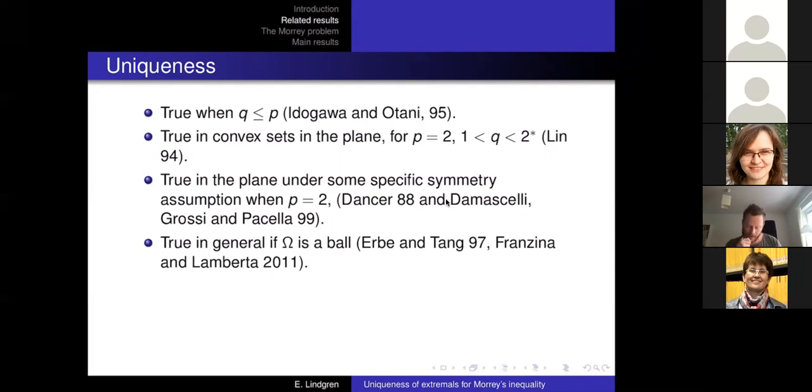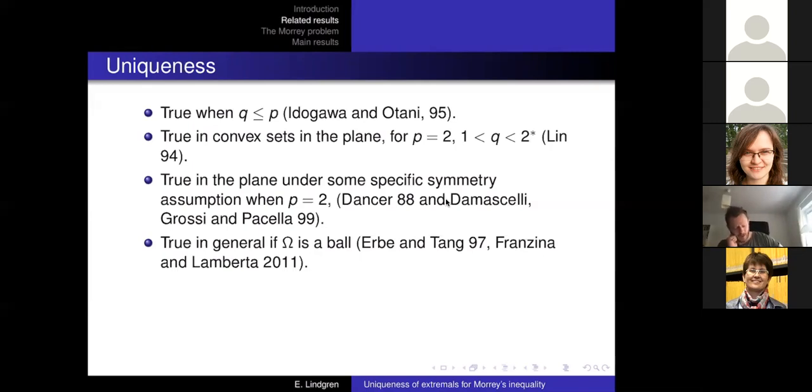And in general, if you have p equal to 2, and for all the q's you can think of, except for the critical one, you also have uniqueness in convex sets in the plane, which is an interesting article by Lin from '94, which does a linearization argument to prove this. And also there are some other specific symmetry assumptions that can be used, still in the case p equal to 2, to prove that you have this uniqueness in the plane, by Dancer and Damascelli, Grossi and Pacella.